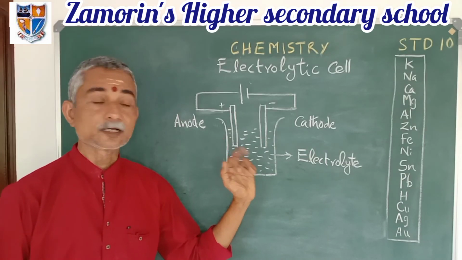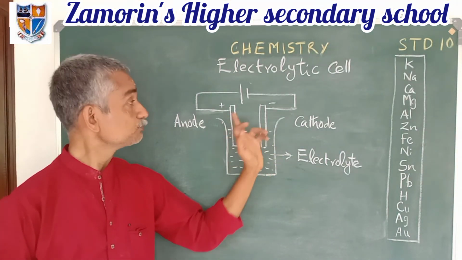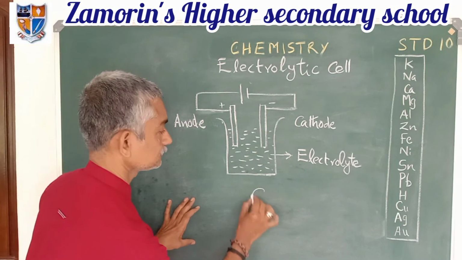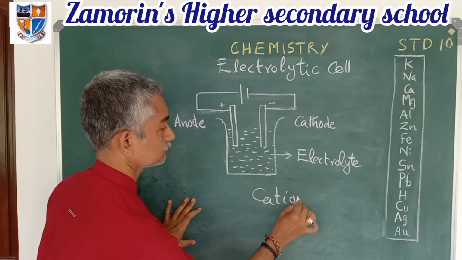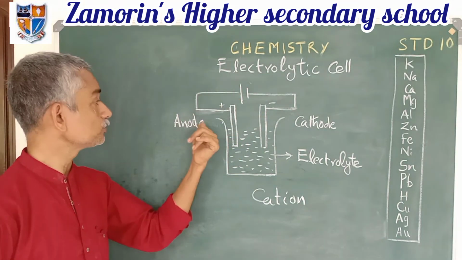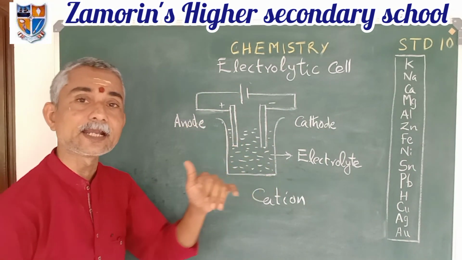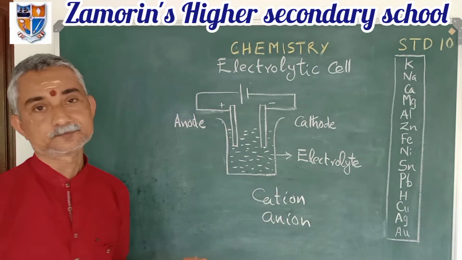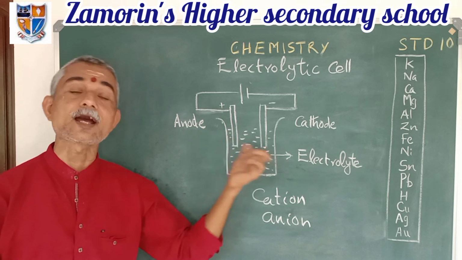Here the positive ions which move to the cathode are called cations and the negative ions which move to the anode are called anions. So cations and anions.